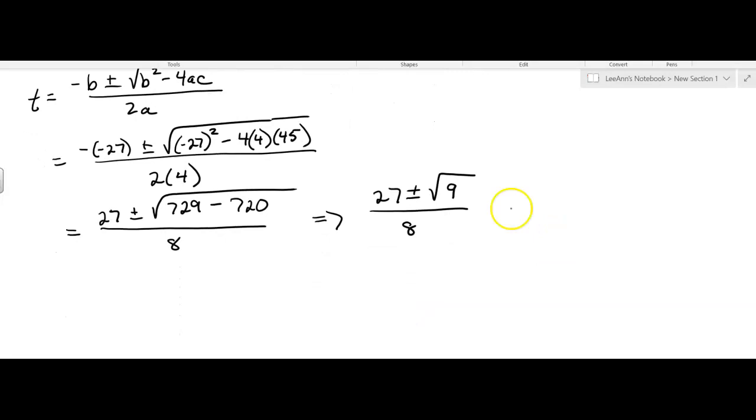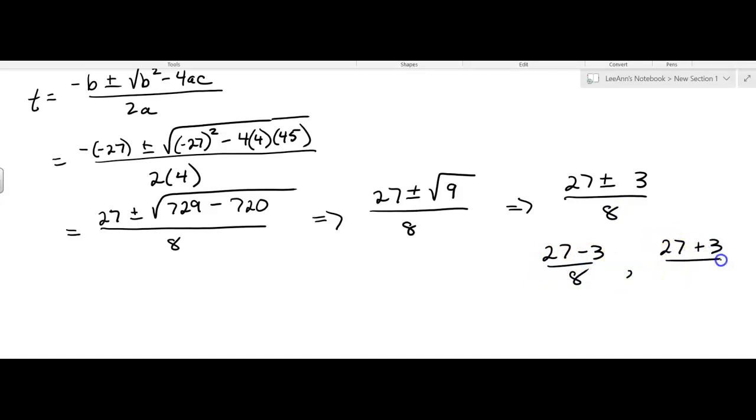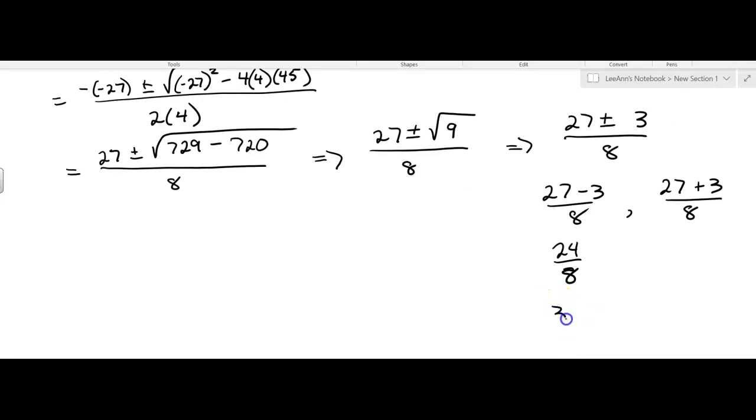Let's see. Then that's going to give me 27 plus or minus 3 over 8. So I get 27 minus 3 over 8 and 27 plus 3 over 8. So I'm going to have 24 over 8 here. That's 3.